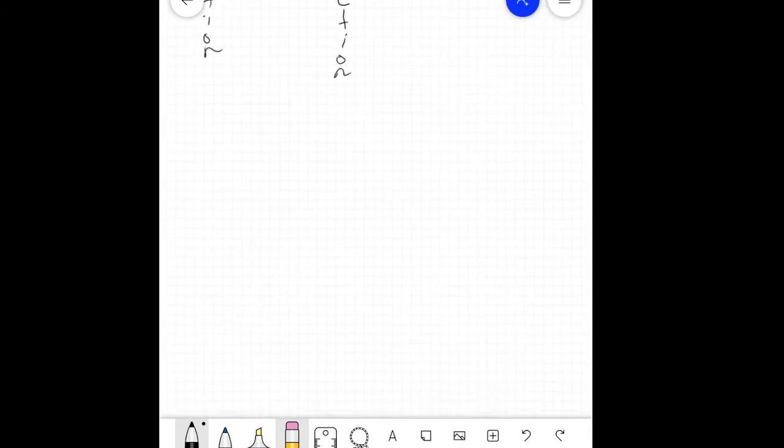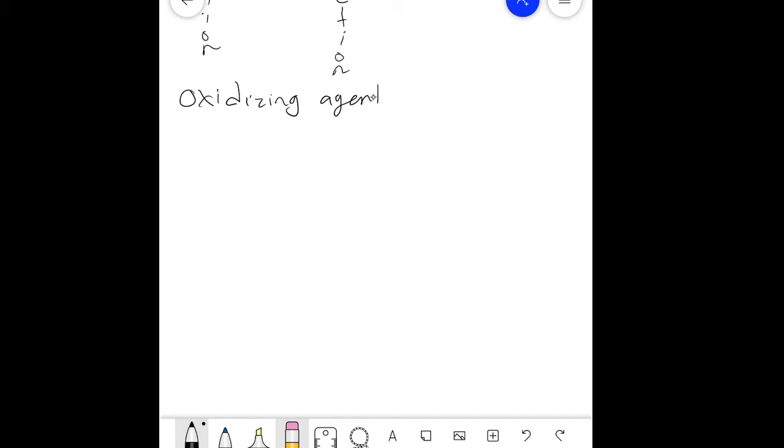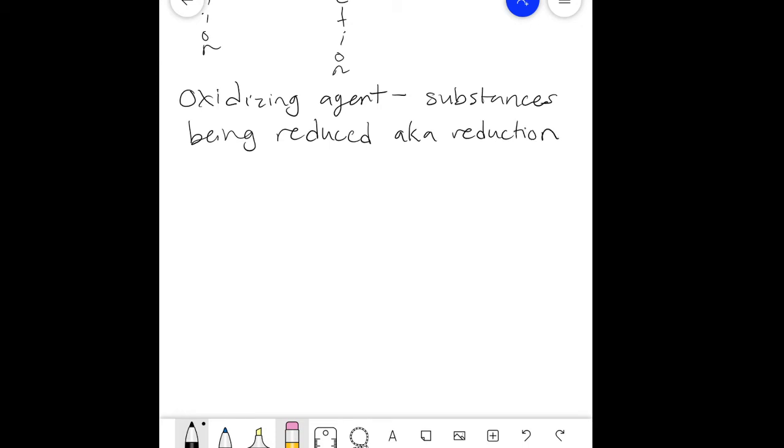We now know about oxidation and reduction. We also have to talk about reducing and oxidizing agents. Oxidizing agents are the substance being reduced, the one that underwent reduction.